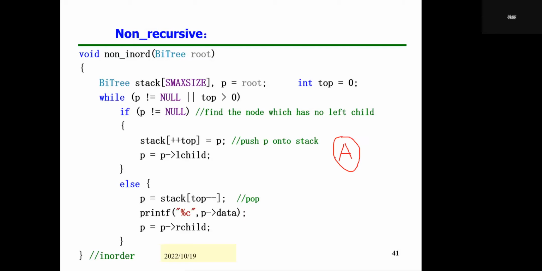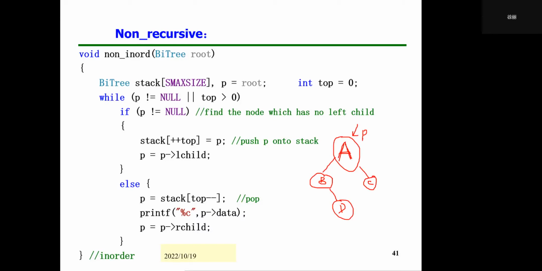we still use the example like that. When we start from the root, this is the root. When we start from A, can we visit A now?